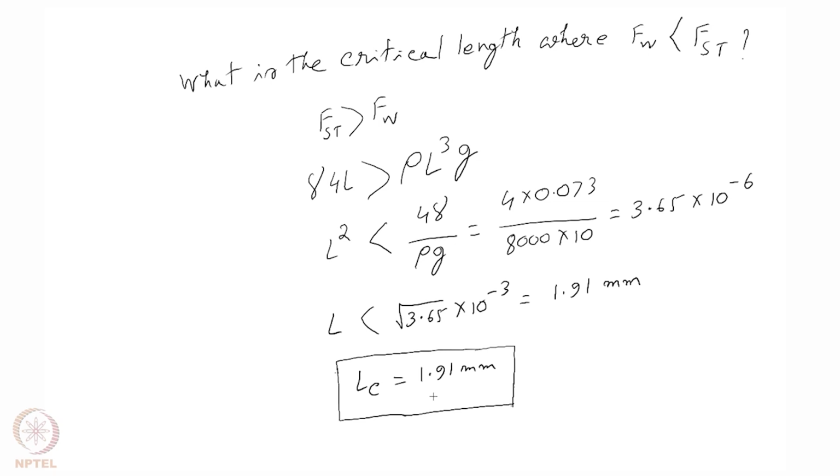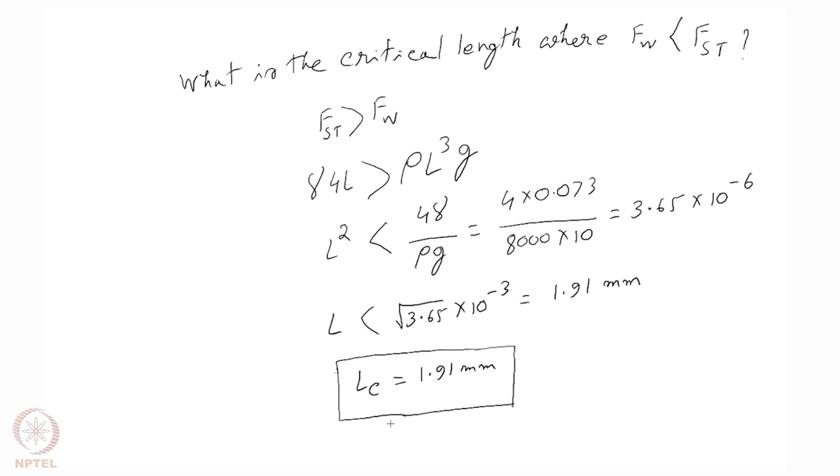So we need a minimum size of 1.9 millimeter to cross it over. If we make the block size, each side of the block, even lesser, then it will definitely float, and above that it will not float.